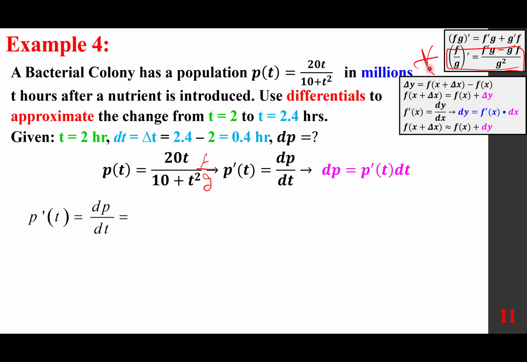So P prime or dP/dt is: f prime is 20 times g, 10 plus t squared, minus g prime, the derivative of the bottom, which is just 2t, times f, the top, which is 20t. And then put the bottom and square it. That's g squared. So 10 plus t squared, quantity squared.